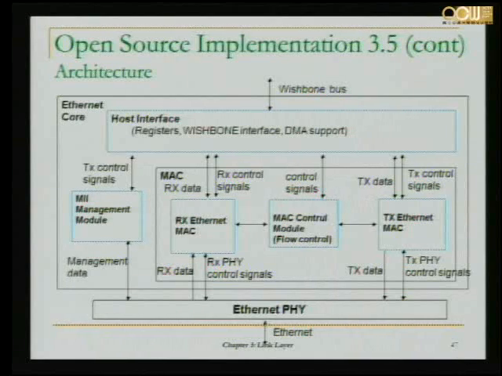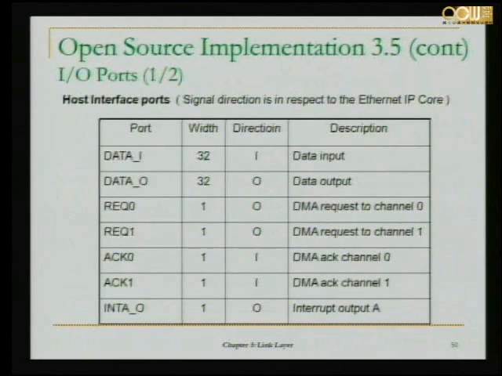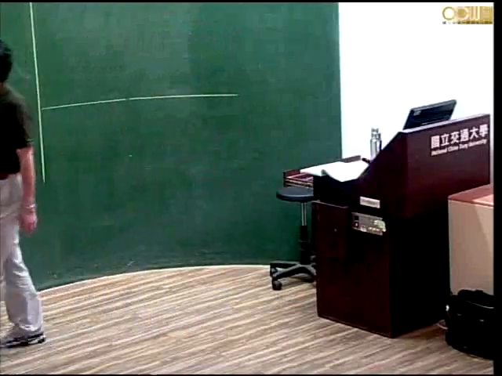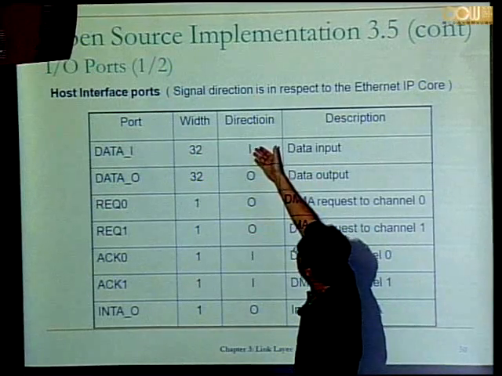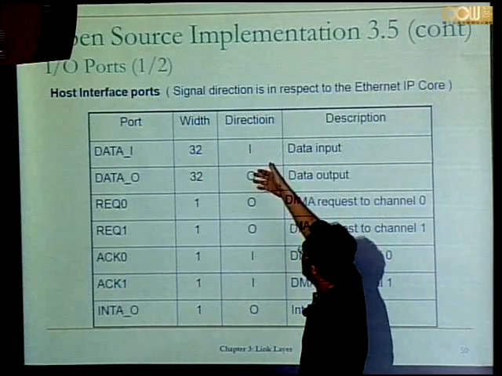The upper one will be the host machine, and this is the interface card, and this is the host interface. You need to identify the signals here, the input and output. Some will be from the host, some will be to the host. So input and output need to be identified, and it's shown here. The direction means input and output. So if this is input, then it's from the host. Output is to the host.